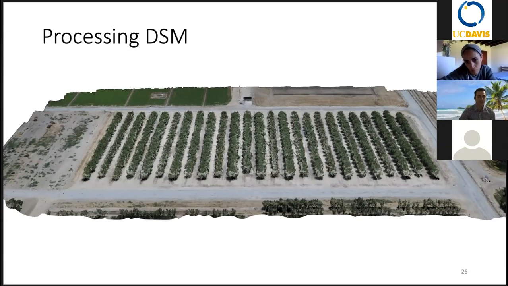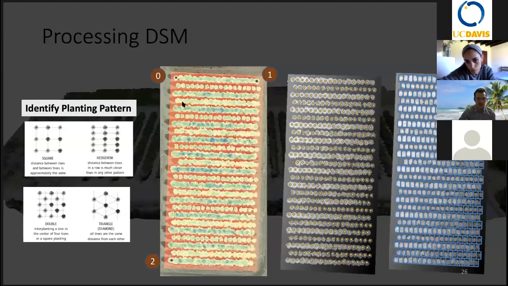For example, this is a digital surface model, and we can see the height variation on the ground. Definitely, pixels belonging to trees have higher height, so we can see them clearly and segment them from the ground.